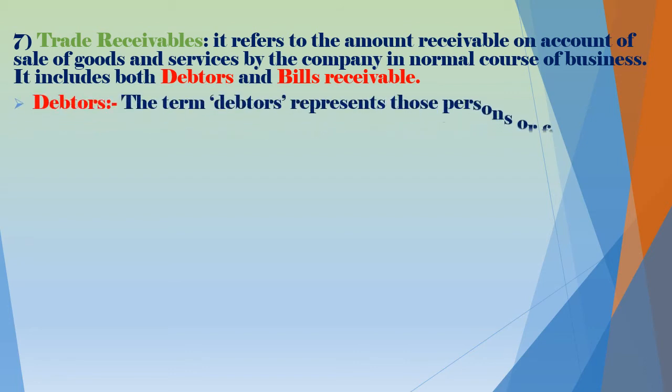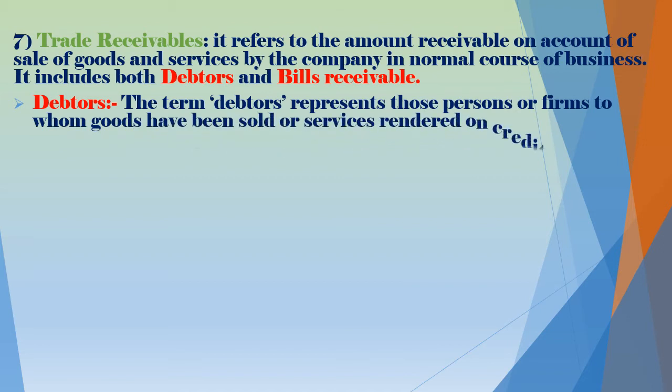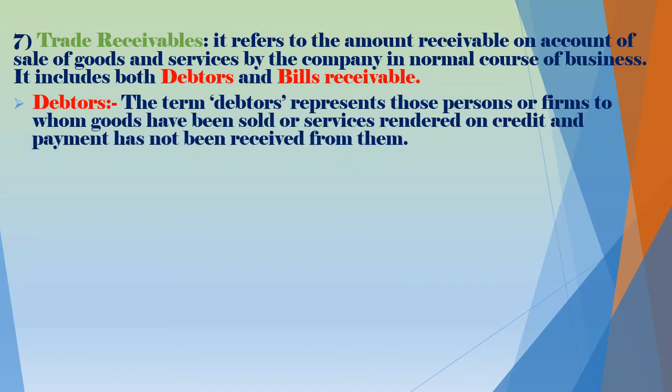Now, debtors. The term debtors represents those persons or firms to whom goods have been sold or services rendered on credit and payment has not been received from them. So debtors are those persons, the customers to whom you have sold goods and services on credit, and till now you have not received payment from them, so they become your debtors.